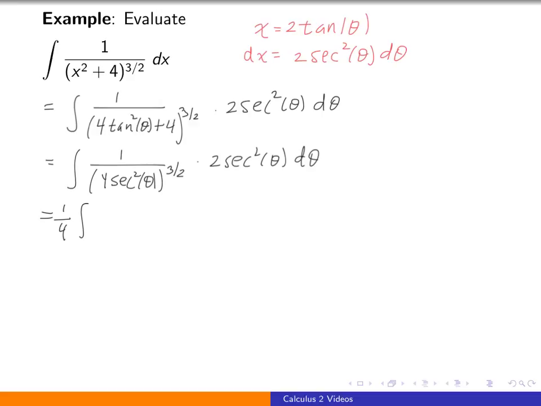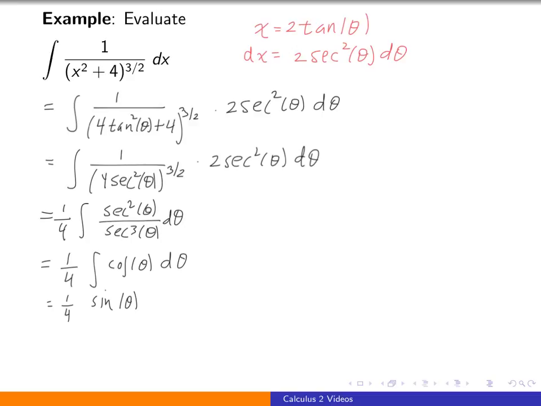So this becomes secant squared over secant cubed, which is simply cosine. So this is 1/4 the antiderivative of cosine, and the antiderivative of cosine is sine. In this case, that resulting trigonometric integral turned out to be very reasonable.